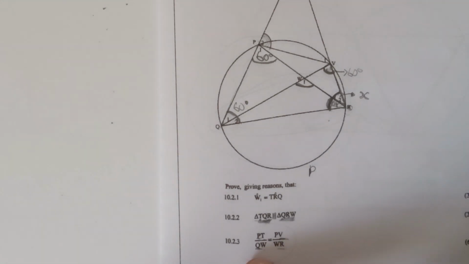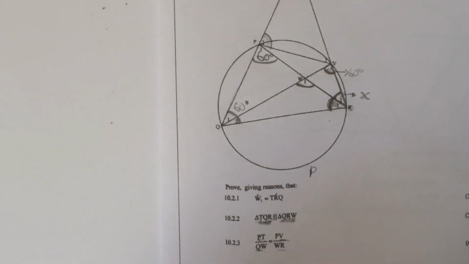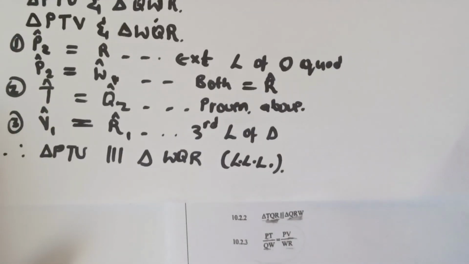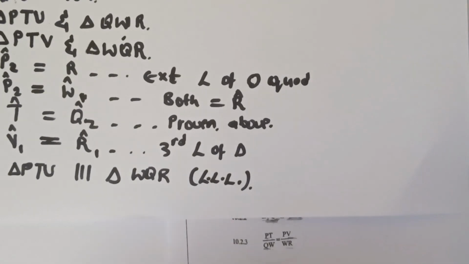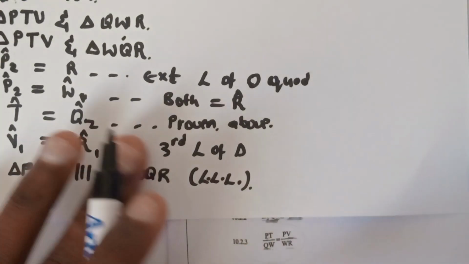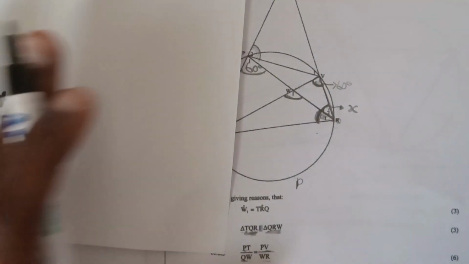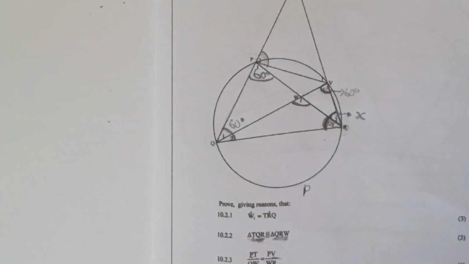Here they say it is PT over QW, which is equal to PV over WR. From our similar triangles, we know that PT over QW. Let's write that down.